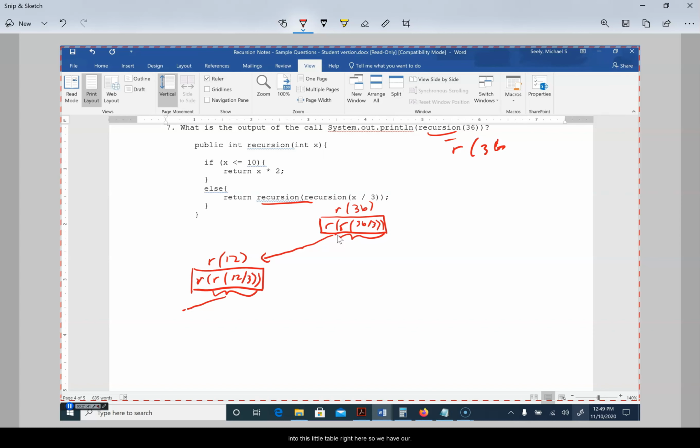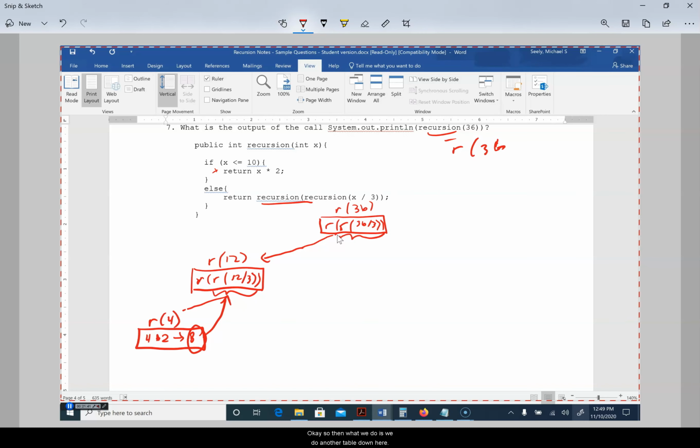That's going to split off into this little table right here. So we have R4, okay? Now, is 4 less than or equal to 10? Yes, so we have 4 times 2, and that is 8. So then what happens is 8 is this whole base case right here, okay?